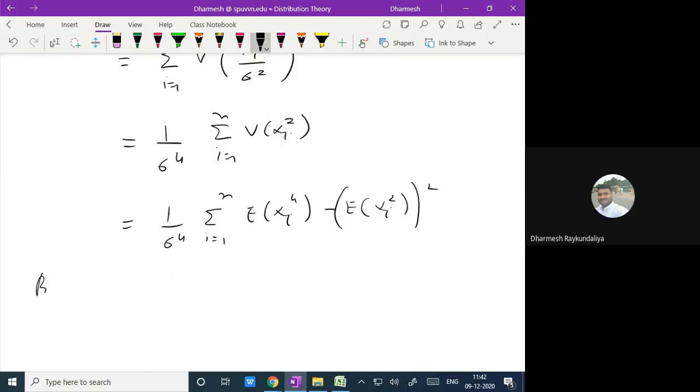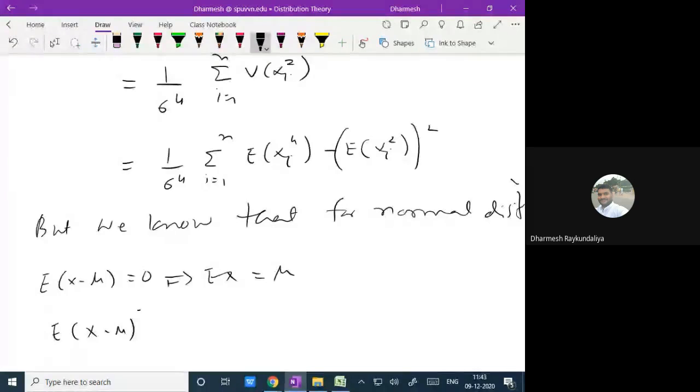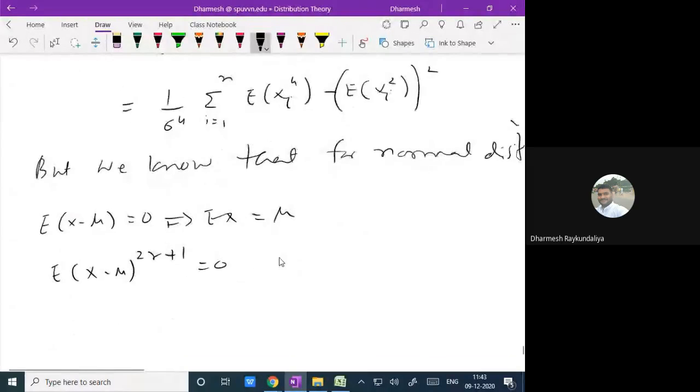But we know that for a normal distribution, expectation of x minus mu equals 0, which implies expectation of x equals mu. Expectation of x minus mu raised to 2r plus 1 is always 0. All odd moments are 0, where r equals 1 to infinity.